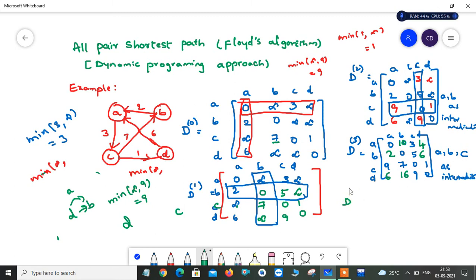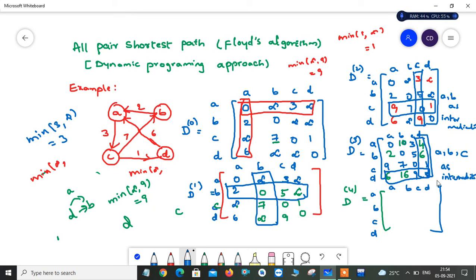So now we have to find the next distance matrix. So this is A, B, C, D, and here also we can take A, B, C, D. So from this weighted graph, we'll make D column and D row as intermediate.